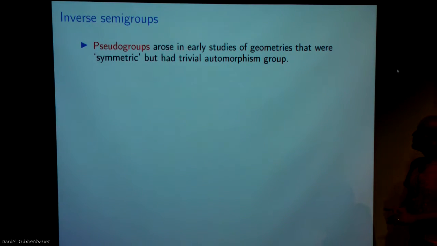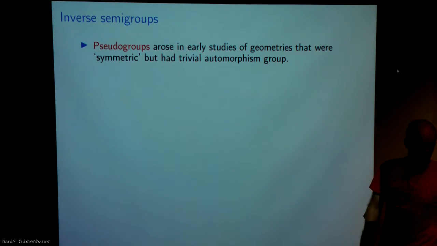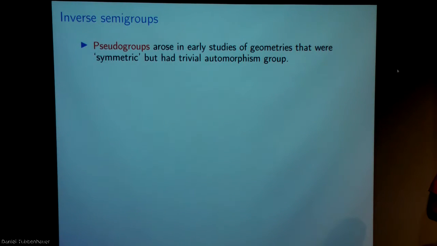So if you read Mark Lawson's book, you find a very interesting survey of the history of this topic. This is kind of a one-sentence summary of that, which is that once mathematicians found all these non-Euclidean geometries, they were studying them, and in some cases you try and work out the automorphism group, and there was just nothing, even though the spaces looked obviously symmetric in some way.